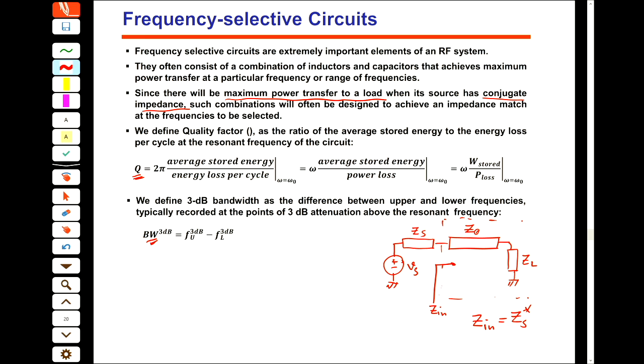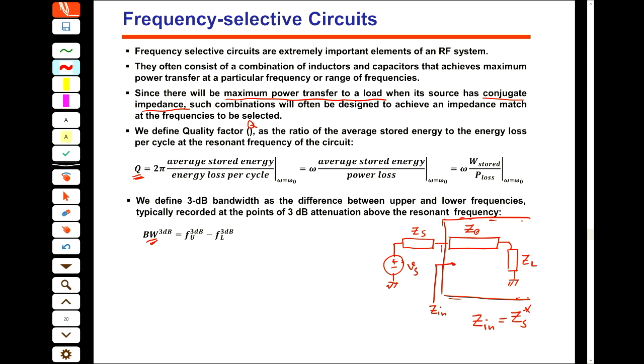And then we define the Q factor, or quality factor, as the ratio of the energy stored in the circuit divided by the energy that we lose. If we have a network with one or many lossy components, then in each cycle those components consume some amount of power.